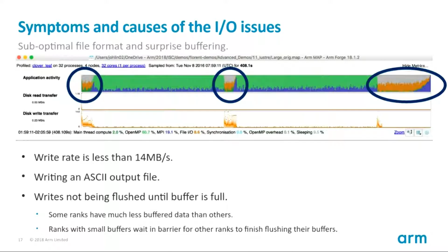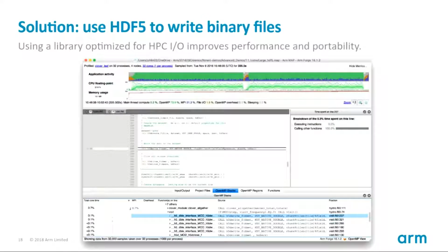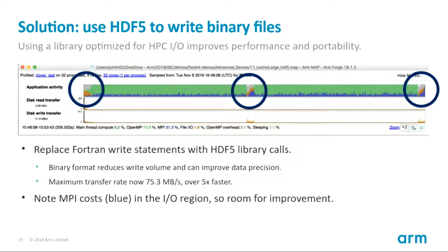So in this case, one thing that can be done is to switch to using HDF5 for better I/O performance. And when you do so, it dramatically improves the I/O performance. Previously it was 14 megabytes per second. Now we have a maximum of 75 megabytes per second, and it's done in a nice quick short burst.